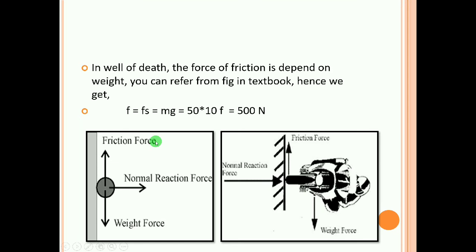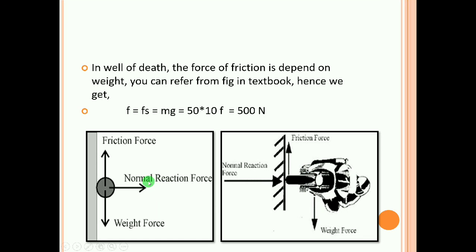Now next, what is asked here again? Here it is asked to determine the force of friction. In our derivation, we already discussed the figure for the well of death, when the cyclist or artist is following a horizontal circle.